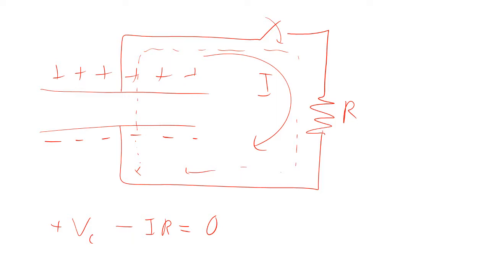So what's the voltage on the capacitor? The voltage on the capacitor is Q over C, so Q over C minus IR equals 0.